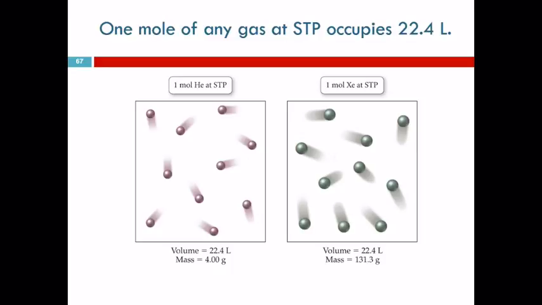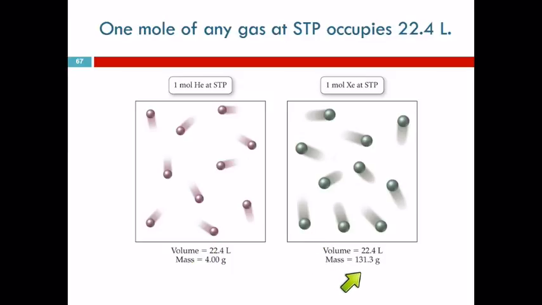So what's kind of crazy about gases is that 1 mole of any gas at STP occupies the same volume. It doesn't matter how big the particles are. If we look at helium and xenon, xenon atoms are much larger than helium atoms, but the same number of them occupies the same space, the same volume, 22.4 liters.